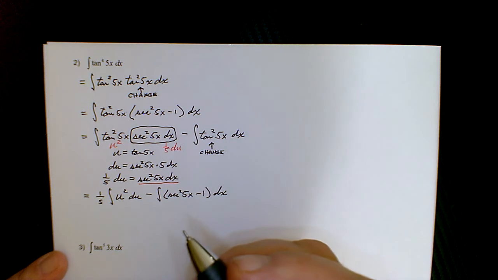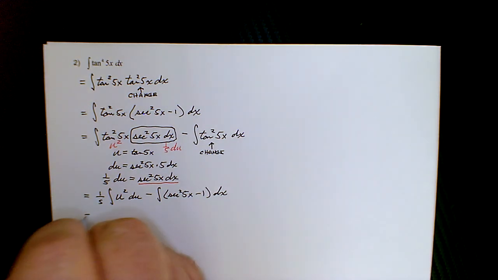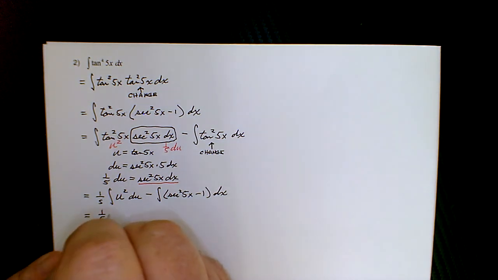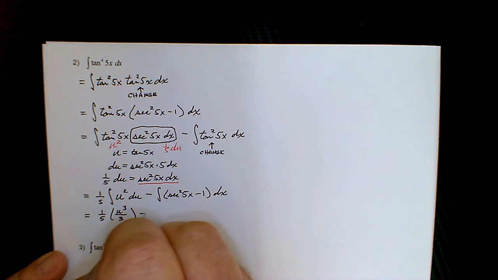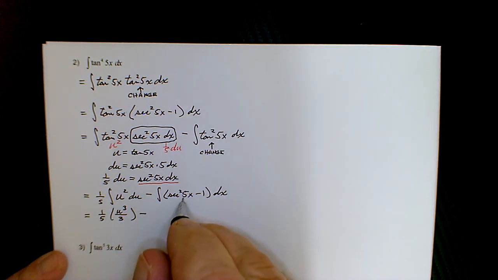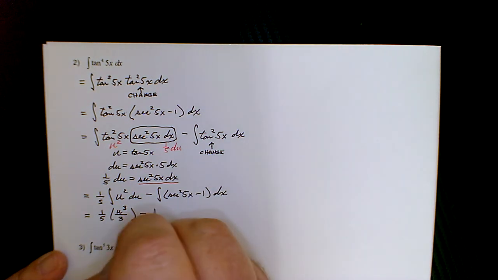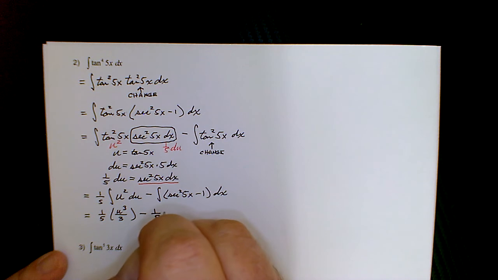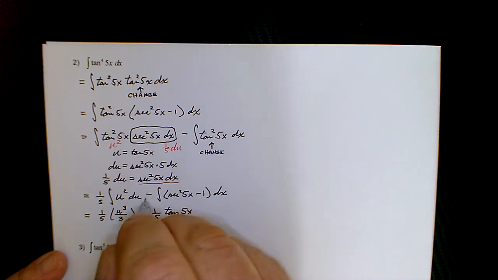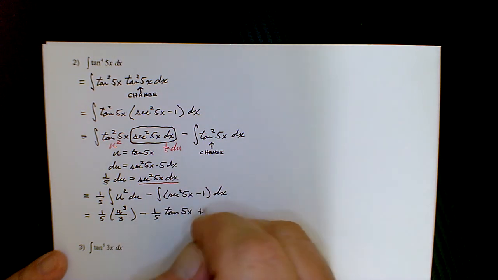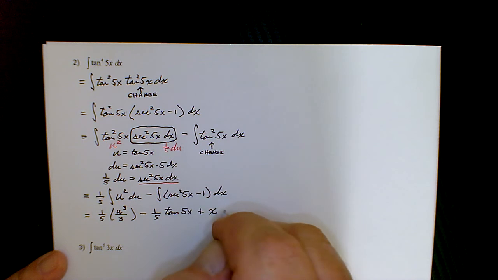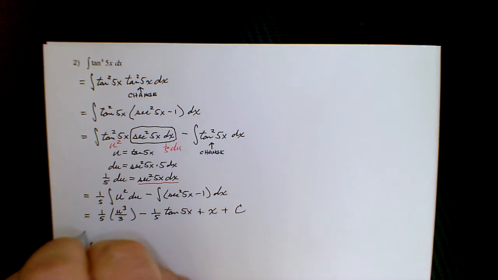And let's just jump right in and integrate. 1/5 u squared integrates to be u cubed over 3. Okay, integrating term by term here. Secant squared integrates to be tangent. Linear argument, so 1/5 tangent 5x. Double negative makes positive. Integrating 1 with respect to x, we get x.